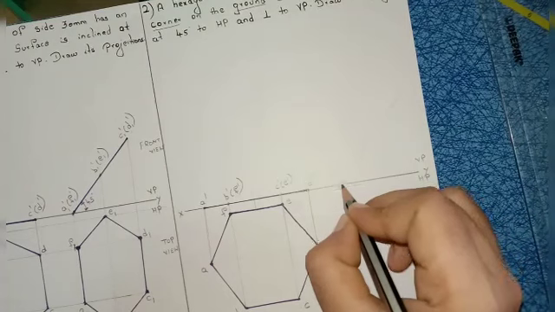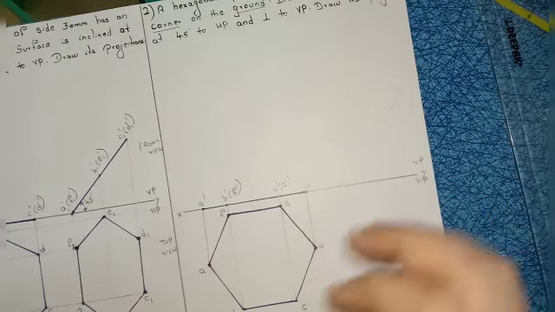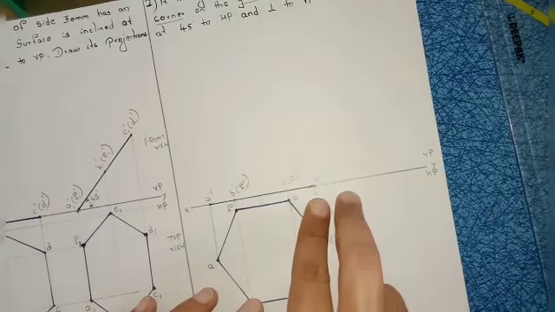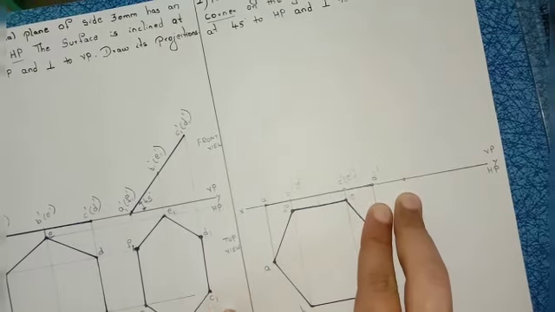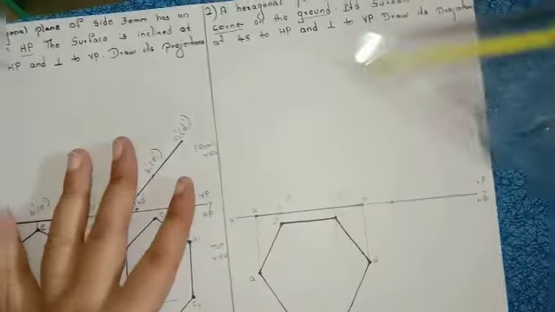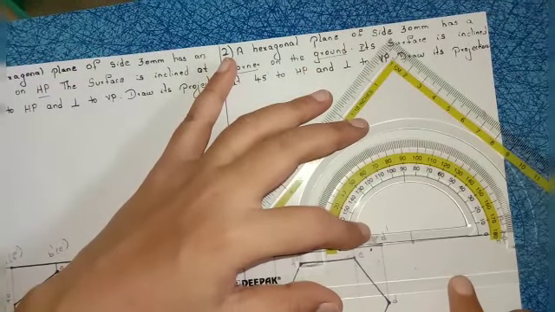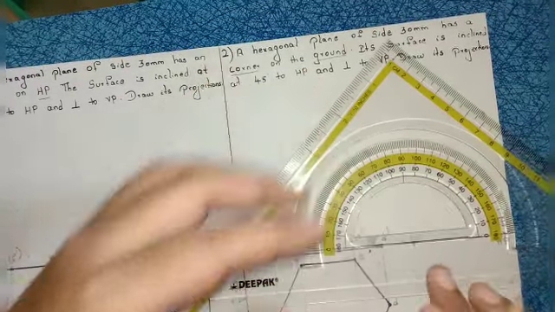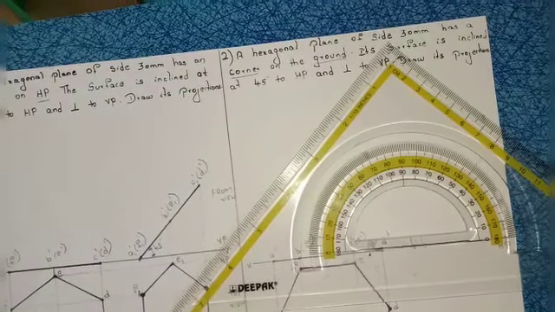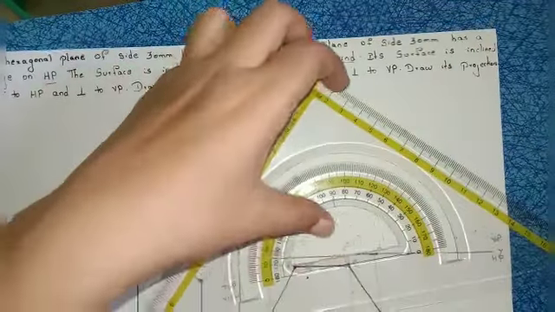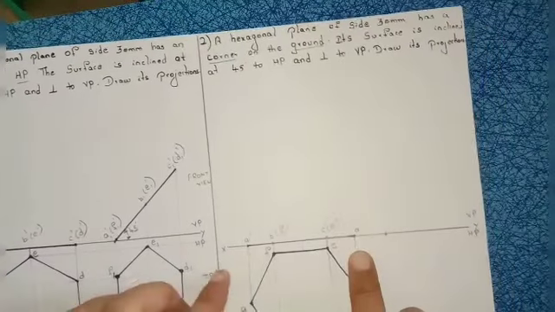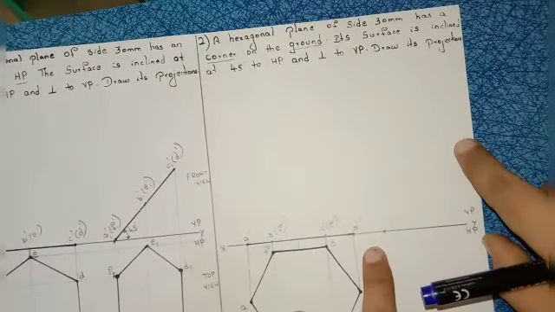Same process. Mark any point on the reference line. You can leave the distance as much as you want. Take 20 or 30 mm, your wish. Now place your protractor on this point. Take 45 degrees angle. Now draw a line which is equal to how much? Measure this length from A dash to D dash and draw here.